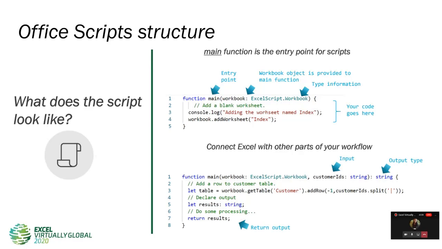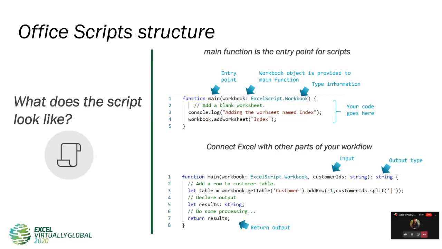First is the input. You'll see that in the main function, in addition to workbook, which is always present and has to be the first parameter, we allow you to input other information that you think you're going to receive. This makes connecting your script quite easy.